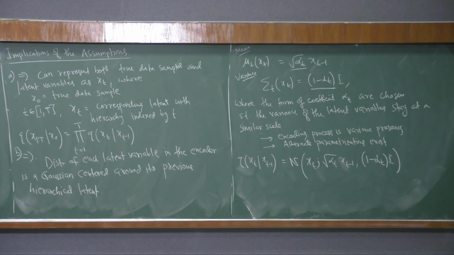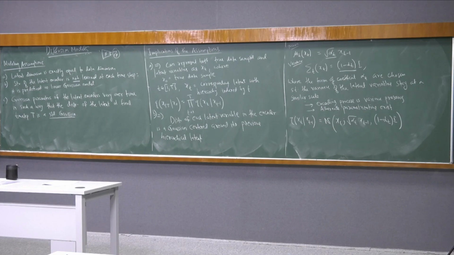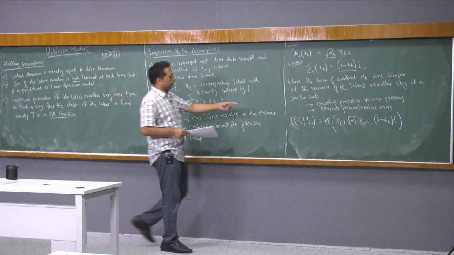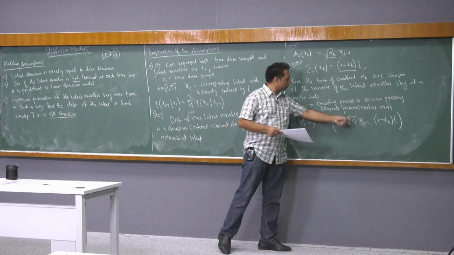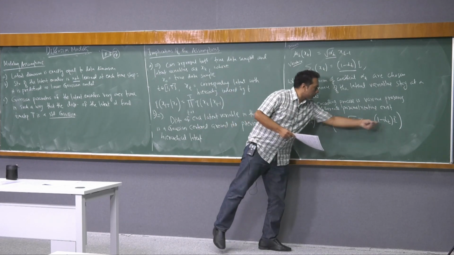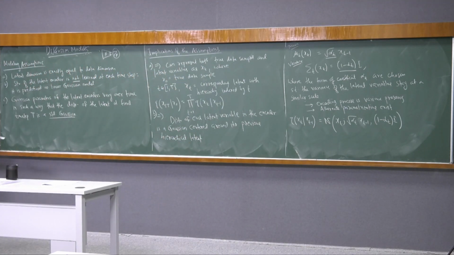Okay, so now we look into implication C. What does C imply? It says that the Gaussian parameters of the latent variable vary over time in such a way that the distribution of the latent at the final time step T is the standard Gaussian. What we expect is that via this process we reach a stage where t is capital T, and this becomes 0, 1, a standard normal distribution with mean 0 and variance 1.